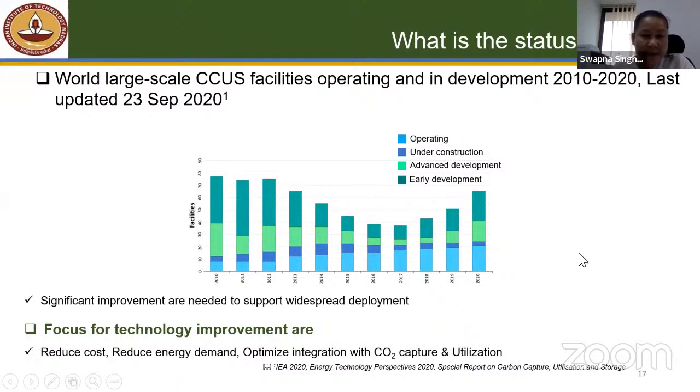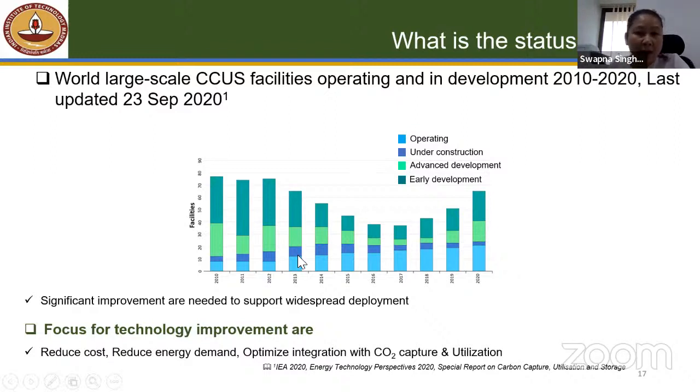But as the years progress, by 2020 most of the plants are operating. CCUS facilities are increasing, so more CCUS facilities are operating as the years go, which is expected to increase more.